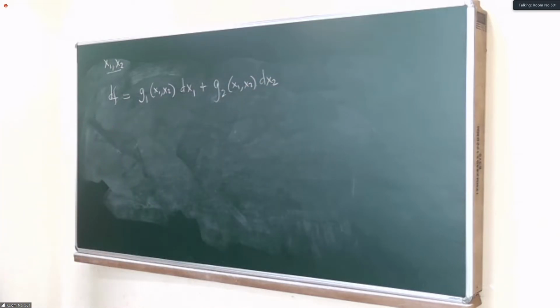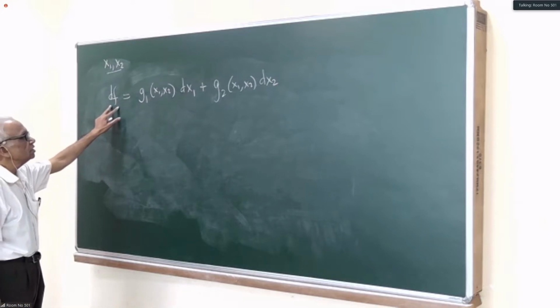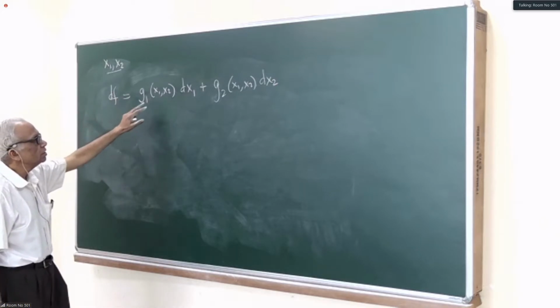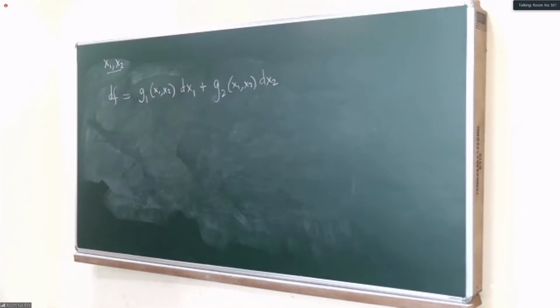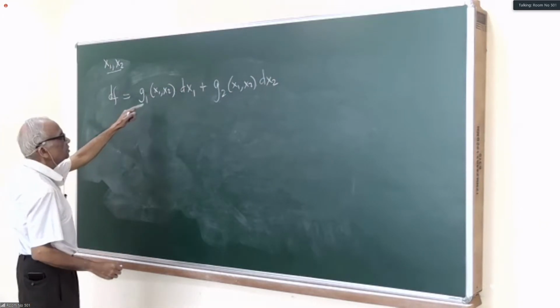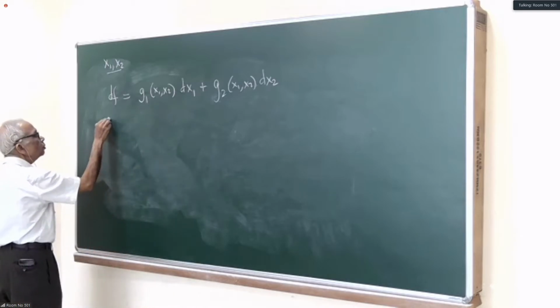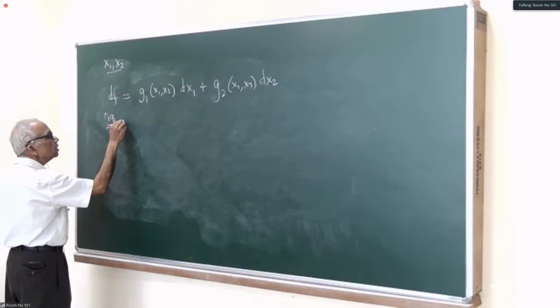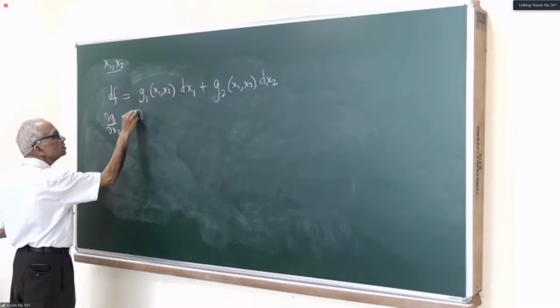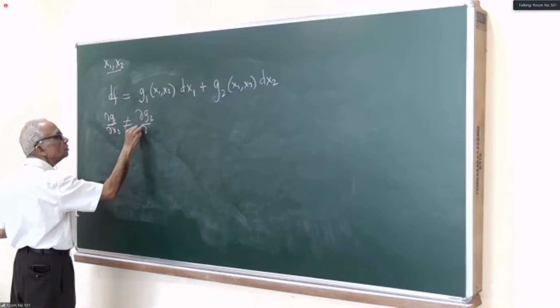So this is all that you are given. You are given the relationship that df is equal to this one plus this one. And you find that del g1 del x2 is not the same as del g2 del x1.